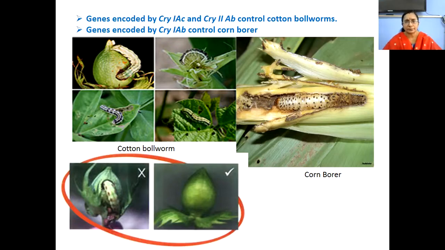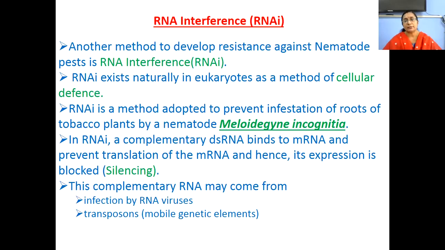So the genes CRY1AC and CRY2AB, we can use them to control these cotton bollworms. In the same way, another plant that is affected is corn or maize, where the gene CRY1AB can help us to control the corn borer. In this way we are able to produce pest resistant plants.